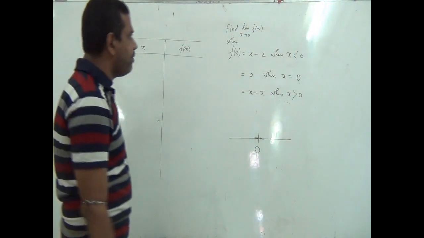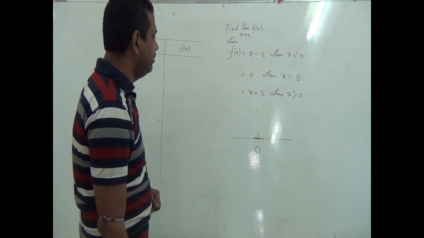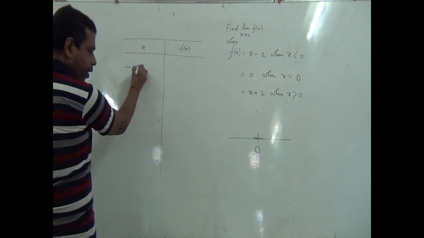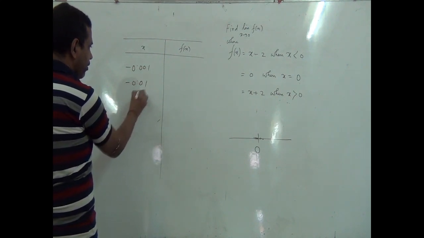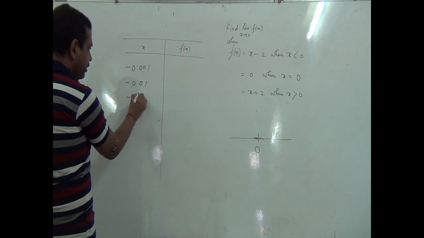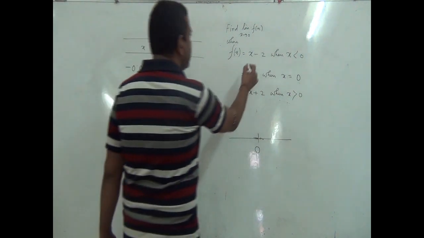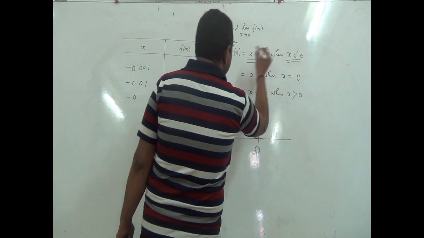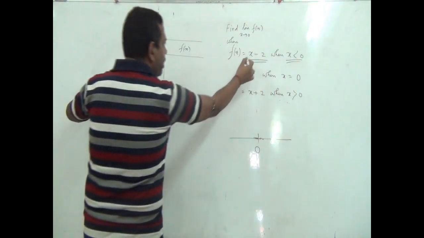Now first we take x tending to less than 0. That is, we take minus 0.001, minus 0.01, minus 0.1. When x is less than 0, our f of x is x minus 2. So we put these values here.